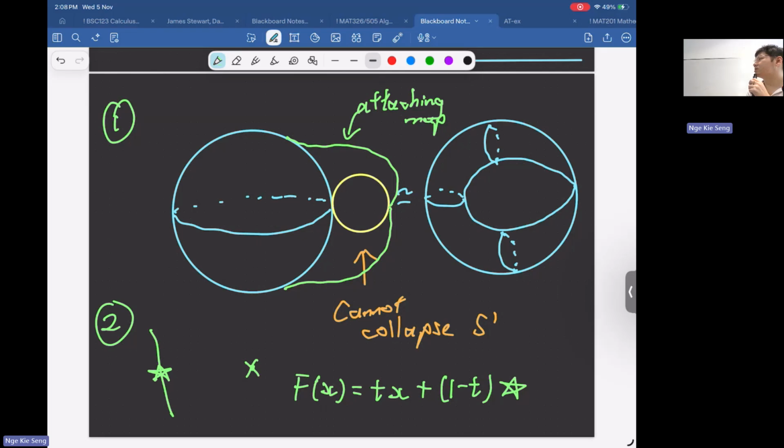Yeah, so the semi-direct product definition is this.